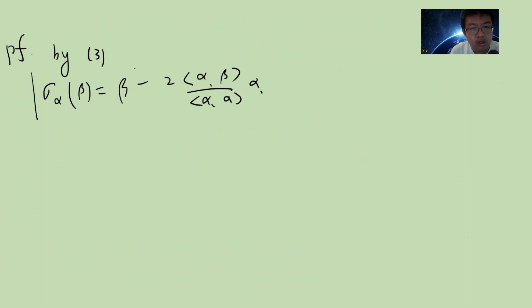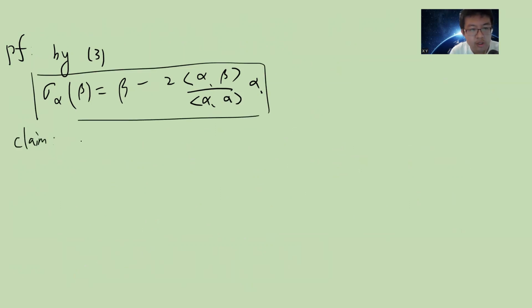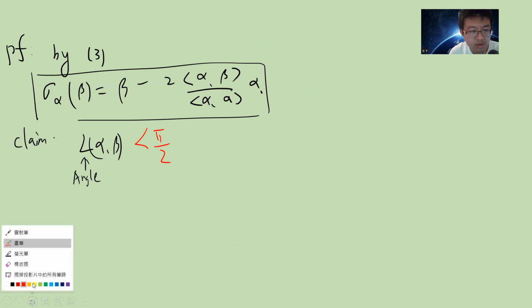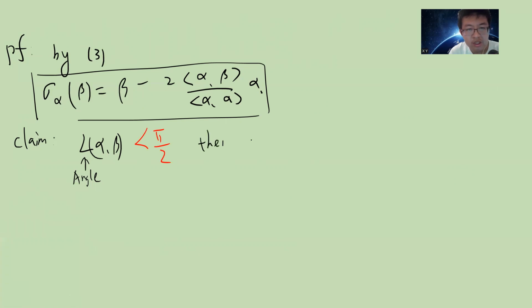Let me just claim that if the angle between alpha and beta is acute, less than pi over 2, then alpha minus beta and beta minus alpha are roots.